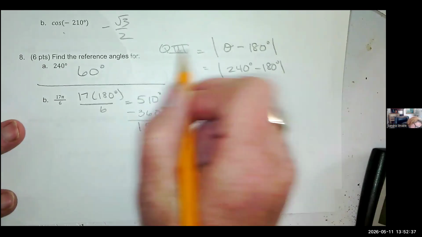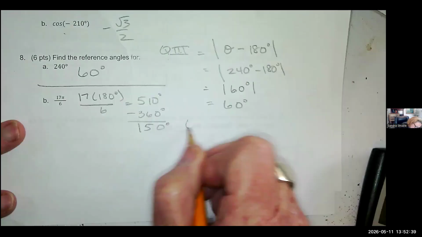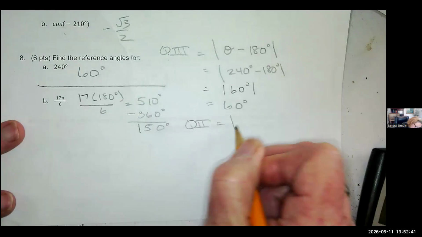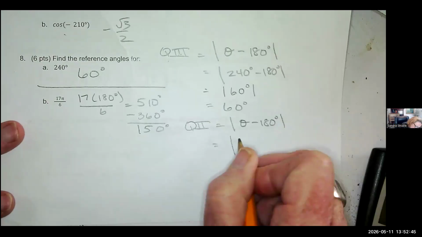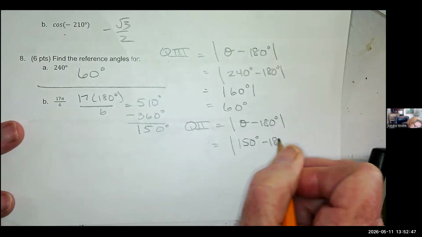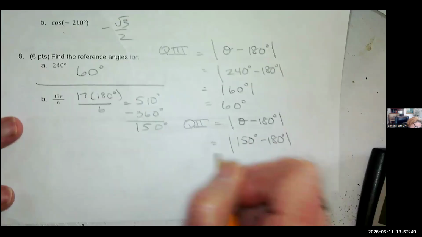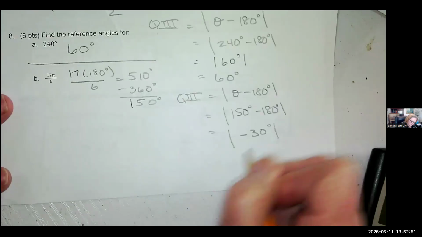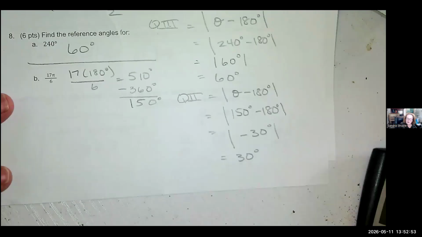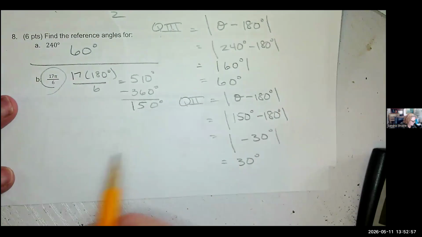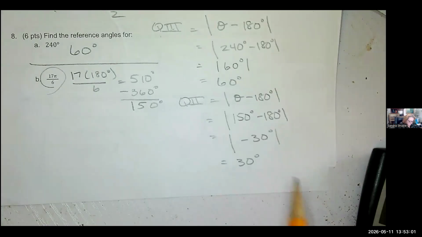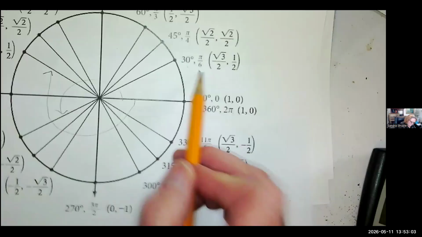So quadrant 2 is absolute value of theta minus 180. In this case, it's 150, which is the absolute value of negative 30, which is 30. Now, the question is asked in radians. Your answer must be in radians. So what is 30 degrees in radians? Pi over 6. So your answer was pi over 6.